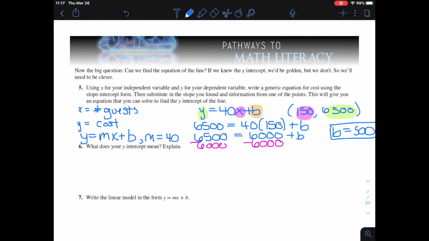So our y-intercept is going to be the point when you have no guests, the cost is still $500.